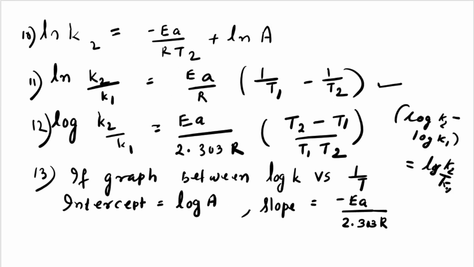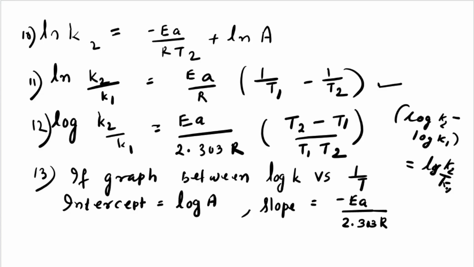If the graph is between log K and 1 by T, then the intercept is log A, and the slope equals minus Ea by 2.303 R. That means slope is very important.